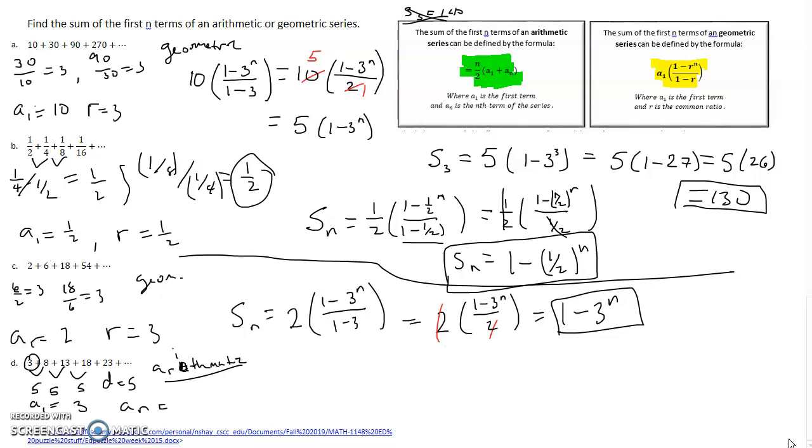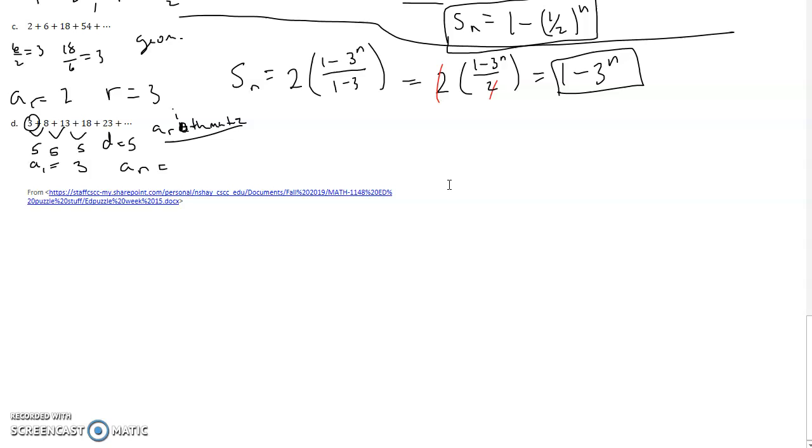We find this by taking our first term, which we just said was 3, and then it is plus d, which is our common difference, 5, parentheses, n minus 1.